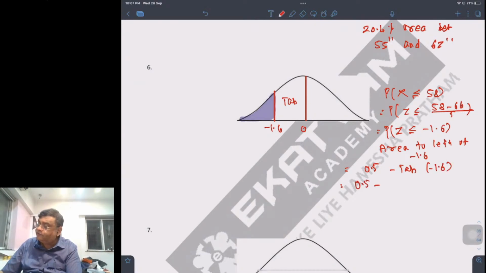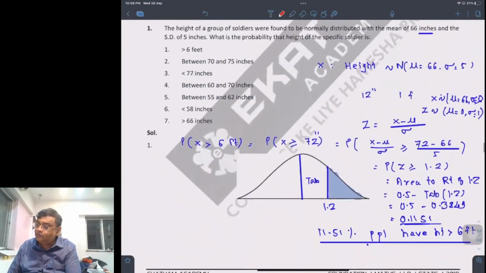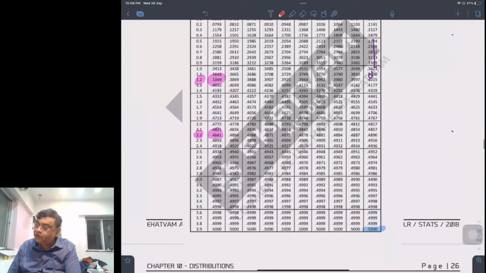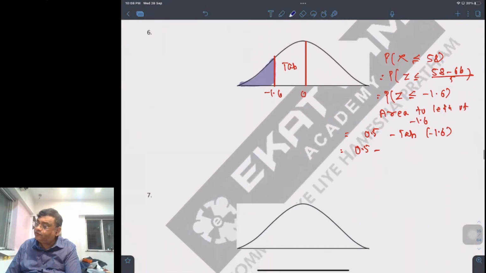What it means is 0.5 minus, अभी 1.6 के लिए टेबल वैल्यू क्या है वो देखो. It is 0.4452, and therefore this is 0.4452.